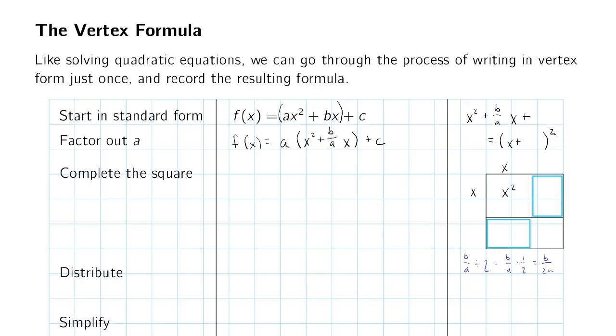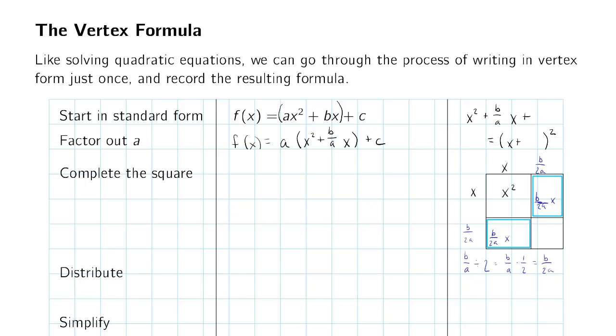And thus in each little rectangle we'll have b over 2a times x, which means that each side here is b over 2a.